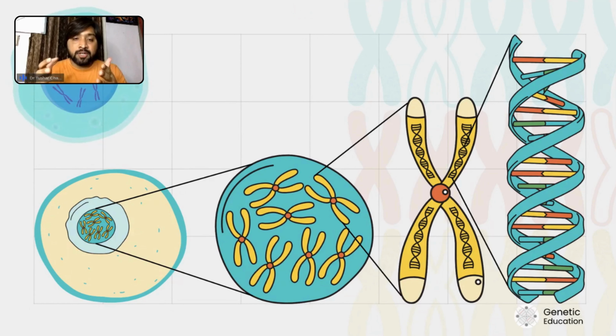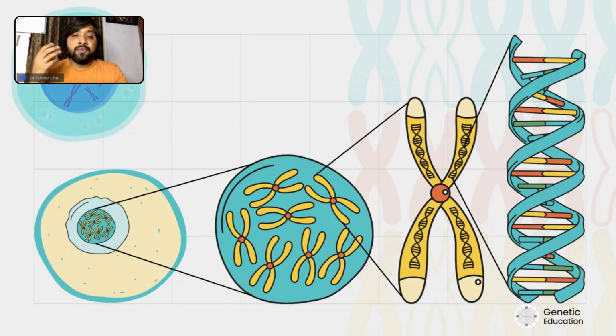Chromosomes are situated in the cell, particularly in the cell nucleus. The thread-like structure appears only during the metaphase stage of the cell cycle. Most of the time, during interphase or other stages of cell division, the DNA is present in a loose structure that doesn't have any particular shape.